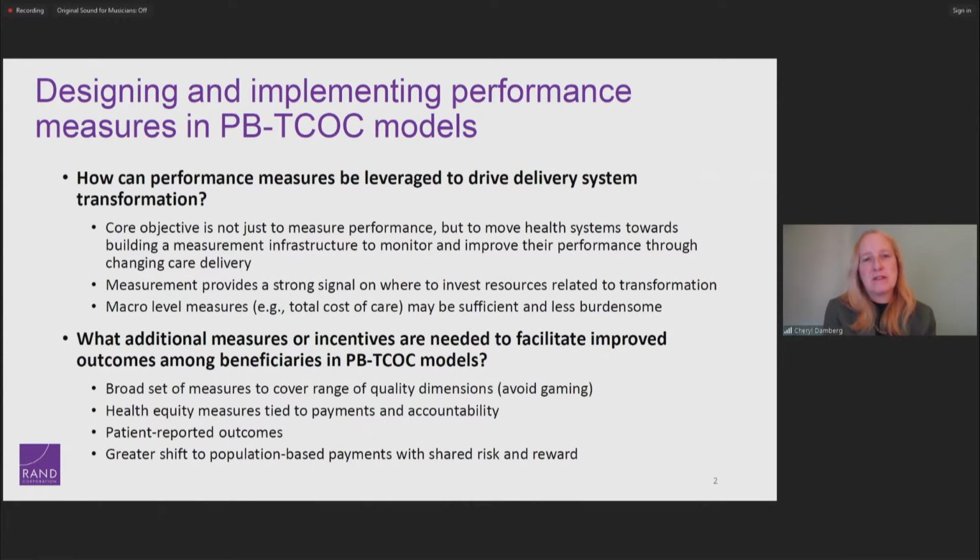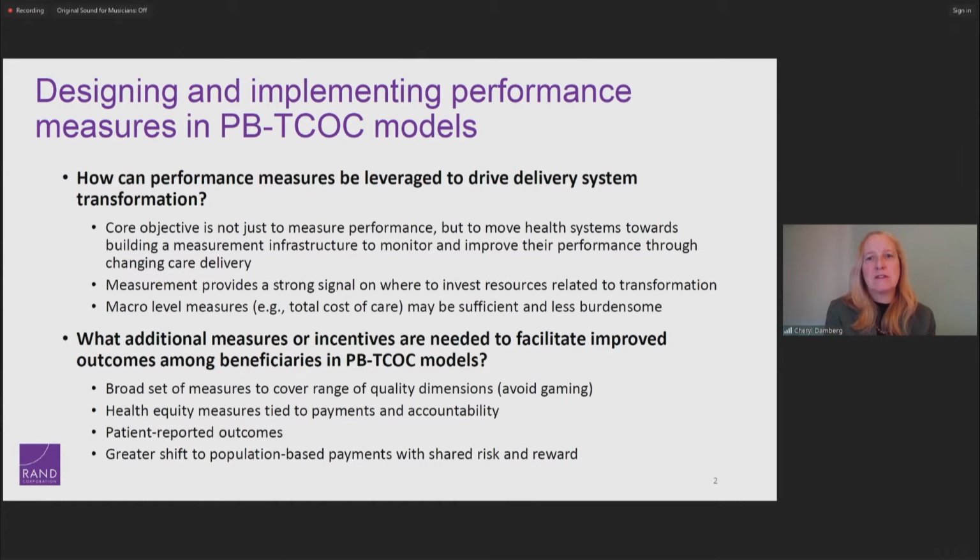So we were asked to consider a few questions for today's panel meeting. And, as I think about performance measurement and using performance measures to drive delivery system transformation, I think we have to be clear on what are our key objectives. And I don't think it's just to measure performance.